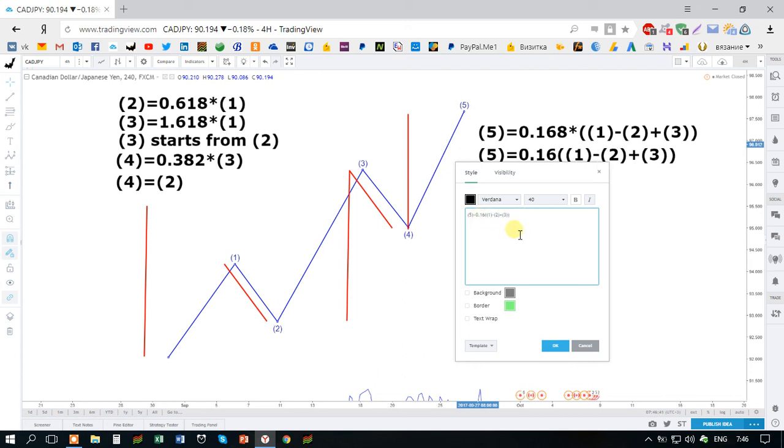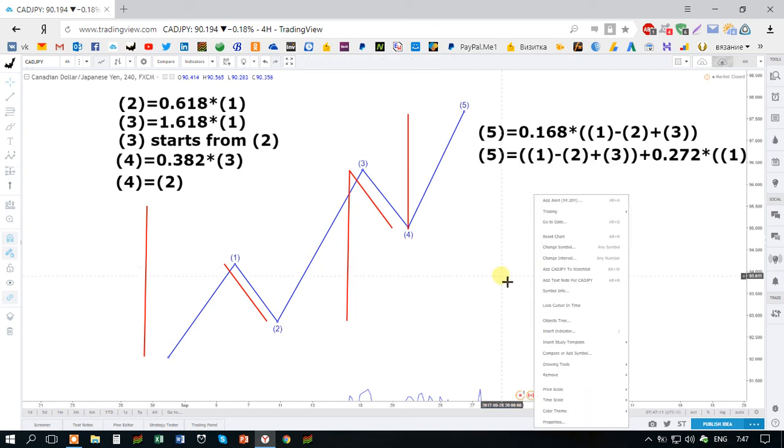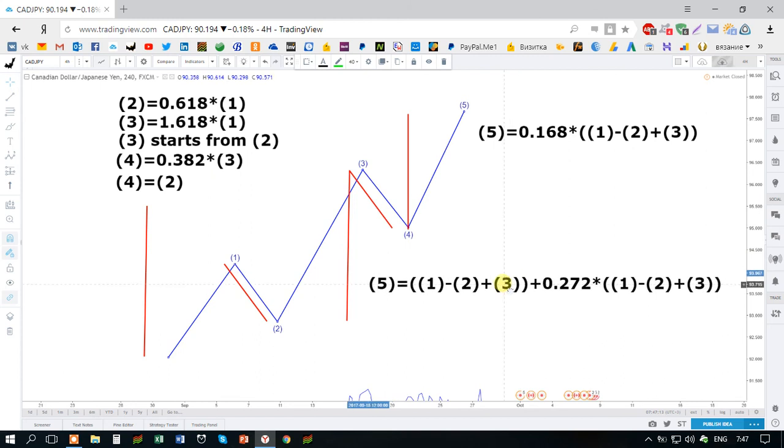We first calculate this from 0 to wave 3. Yes, this is the distance. And then we add 0.272 of the same distance to enlarge that. Yes. Okay. So now it looks perfect.